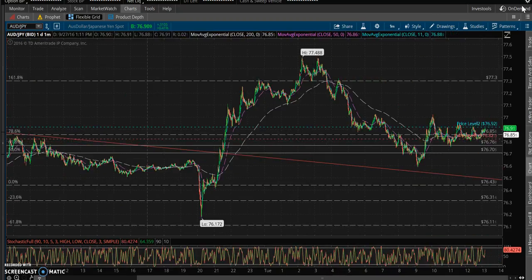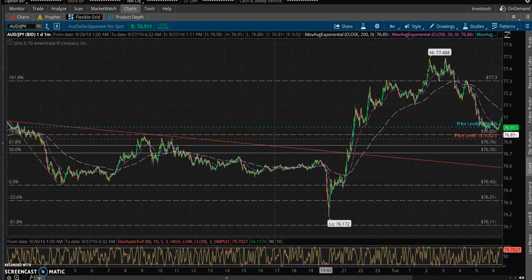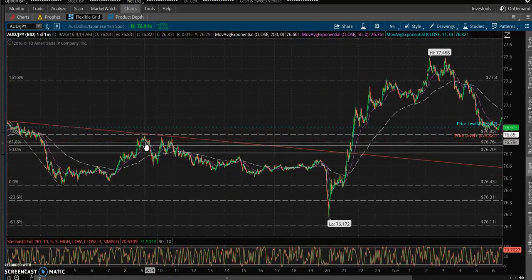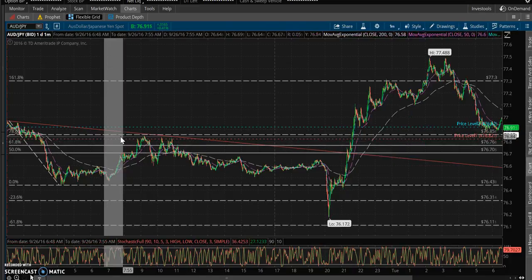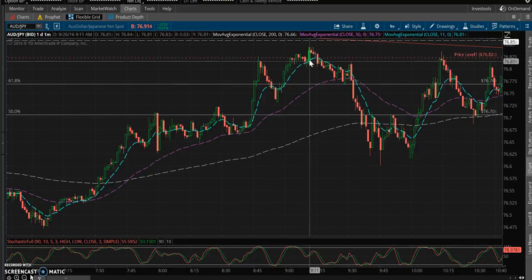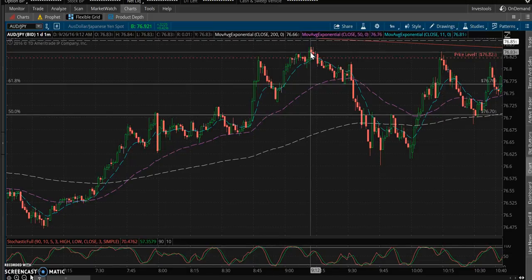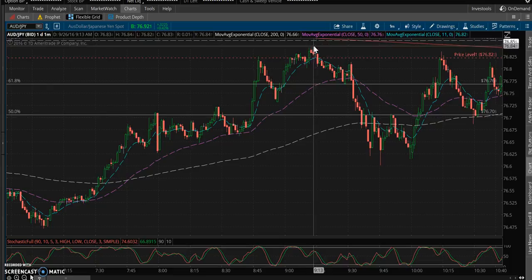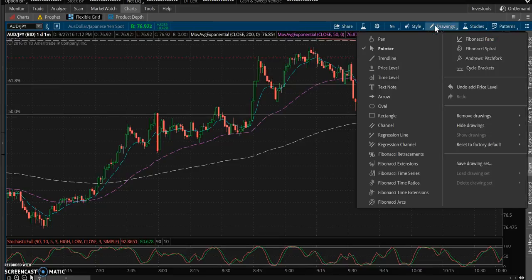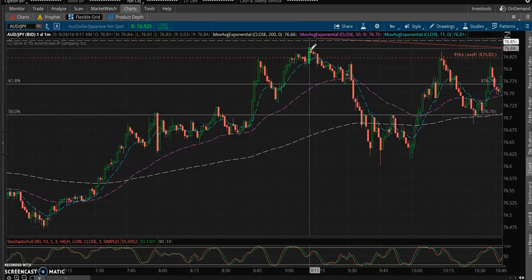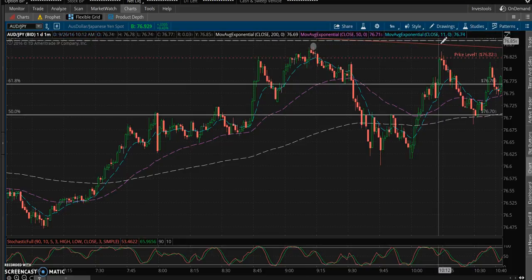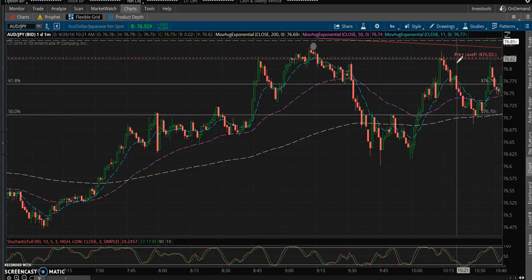Let's see, can I get back that far on the 1 minute? I can. Alright, so my entry time was 9:11, 12, 13. So it was right here, right on this candle where it started to make its move. I'll highlight that for you. Right there. That was my entry time.